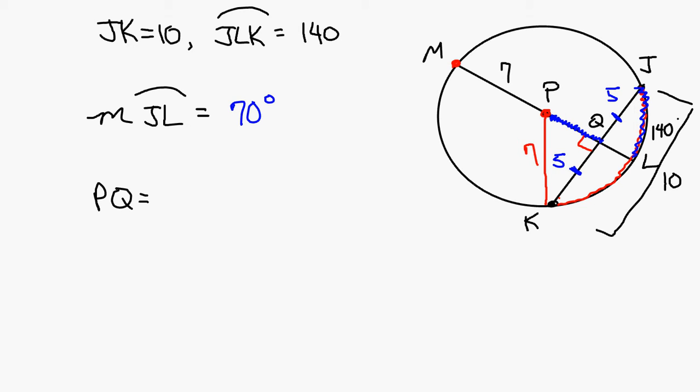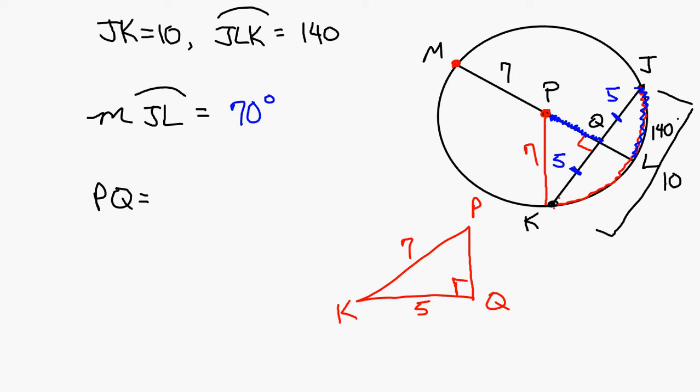I'm going to pull it out and draw it right here. You got this triangle, P, K, Q. It's a right triangle. Q to K is 5 units. P to K is 7 units. And they're asking you to find P to Q, which is this piece right here.